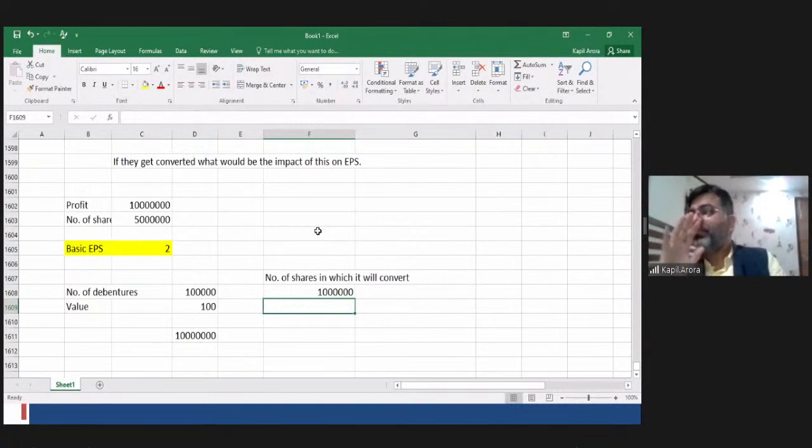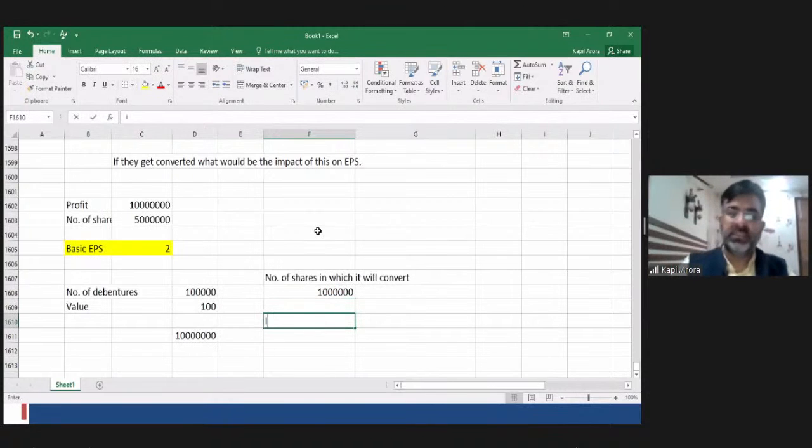Kunal or everybody, here we are not talking about the date of conversion. Up to the date of conversion, it is a potential ordinary share. Once it is converted, diluted EPS will not be applicable. So up to the date of conversion, this calculation would be done.